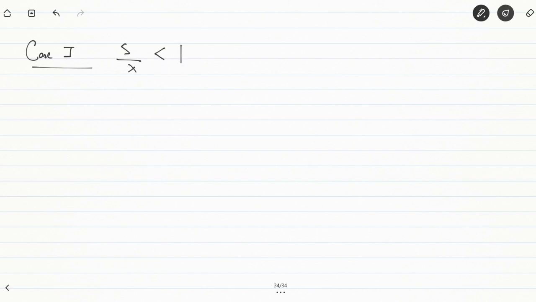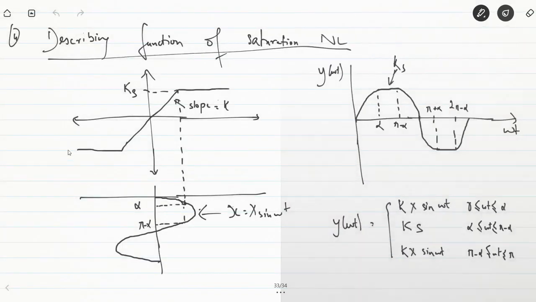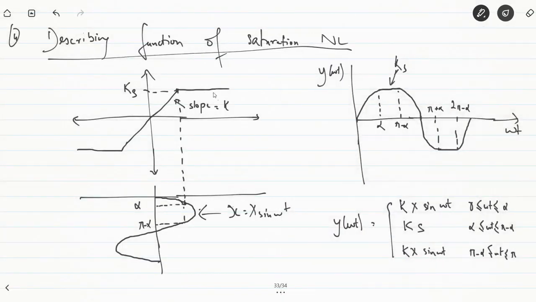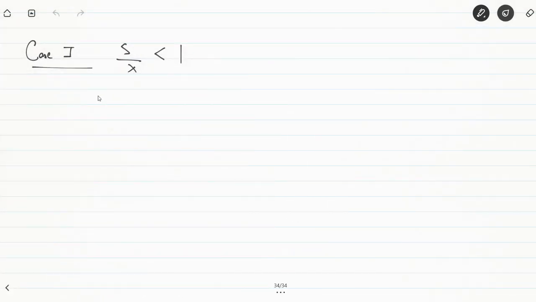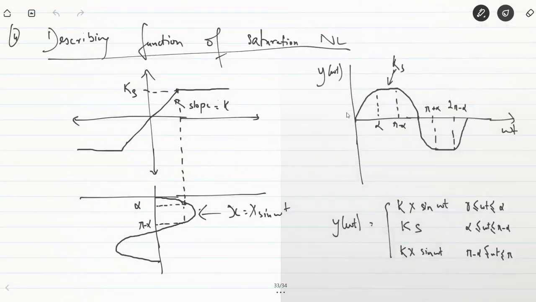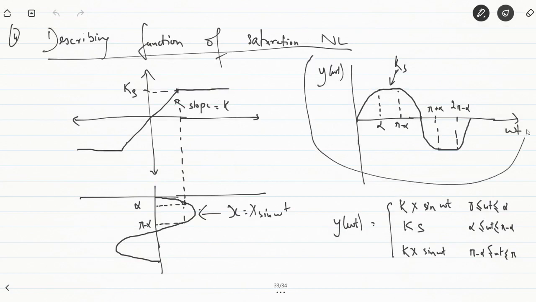If the value of s divided by x, the amplitude of this sinusoidal function, is less than 1, that means x is greater and it goes into the saturation region, right? So if this is less than 1, that means our output is basically saturated. Then our output, as shown, will be like this, right?